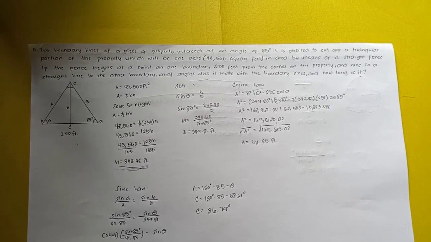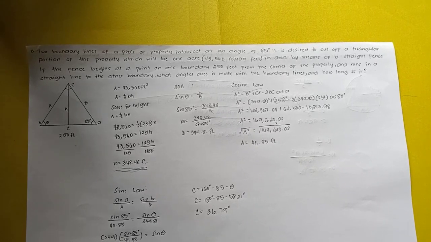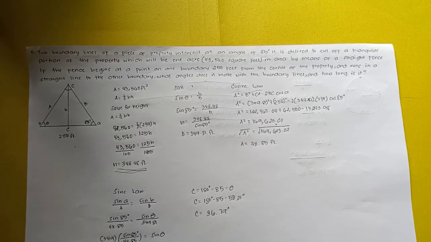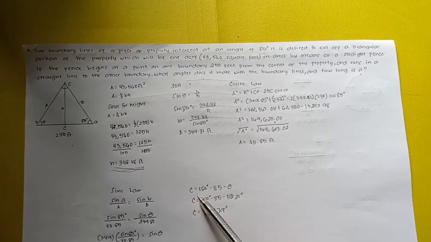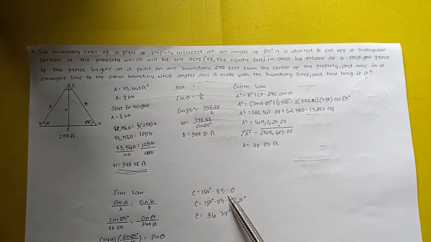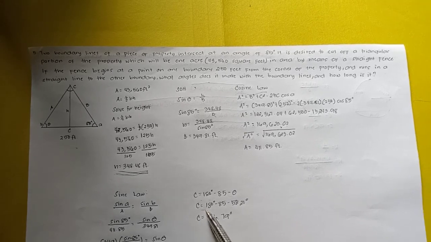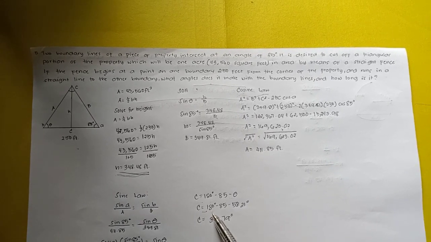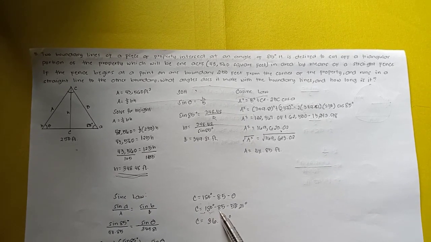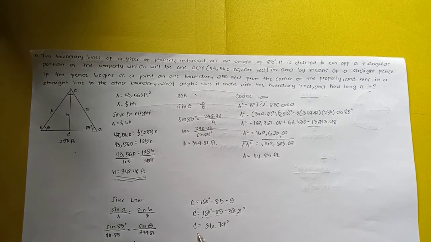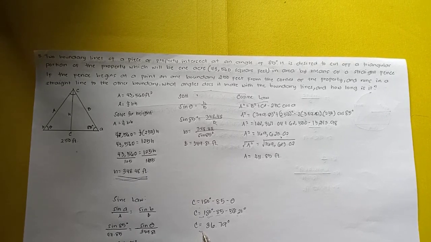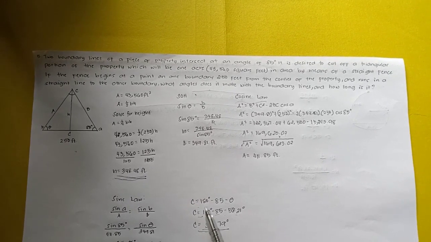Theta equals sine inverse of 0.85. Theta equals 58.21 degrees. C equals 180 degrees minus 85 minus theta. C equals 180 degrees minus 85 minus 58.21 degrees. Your C is 36.79 degrees.